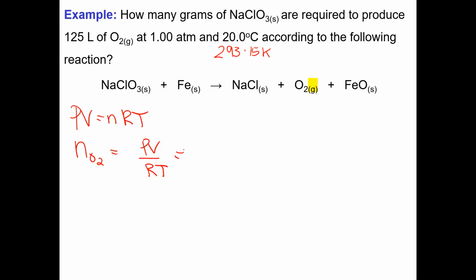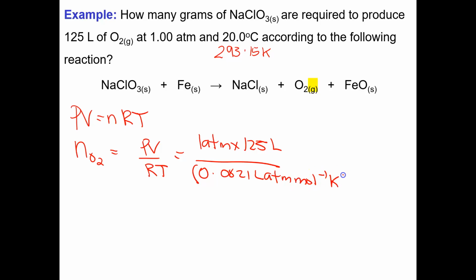So our pressure, P, is 1 atm. Our volume is 125 liters. R is the ideal gas constant, 0.0821 liters atmosphere per mole per Kelvin. And then finally our temperature was 293.15 Kelvin.